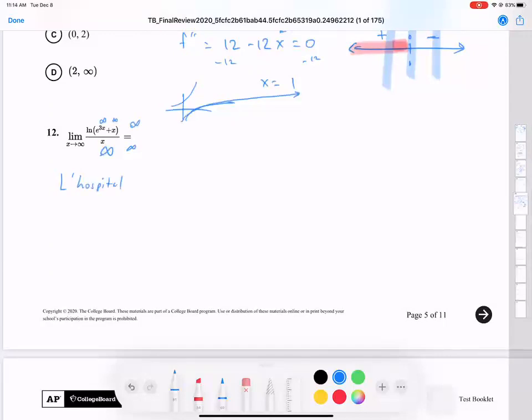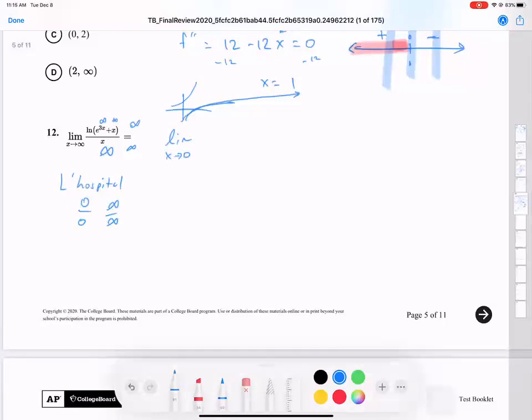L'Hopital's rule says, if it's 0 over 0, or infinity over infinity, instead just take the derivative. The trick is just take the derivative of the top and take the derivative of the bottom and try again. That is L'Hopital's rule.